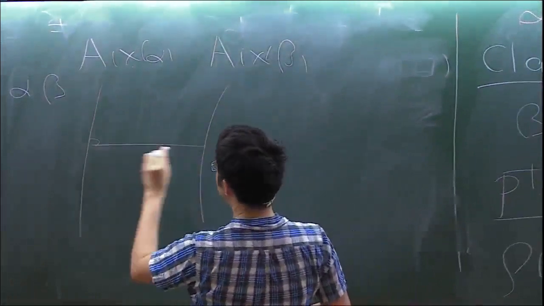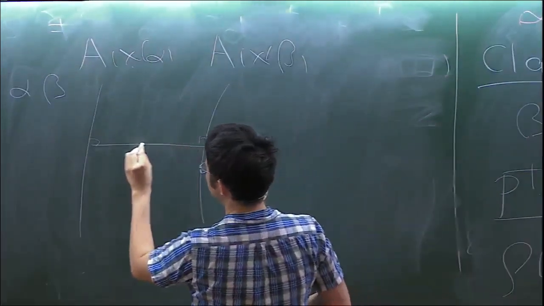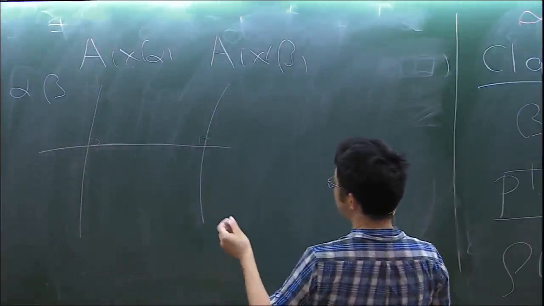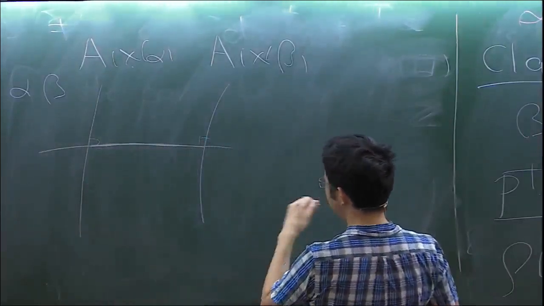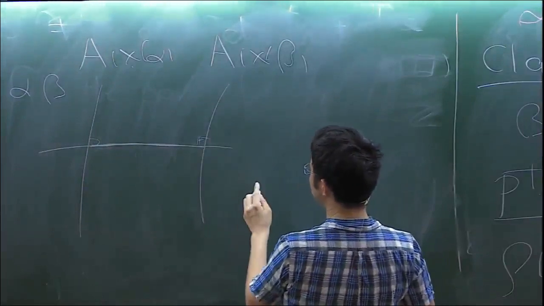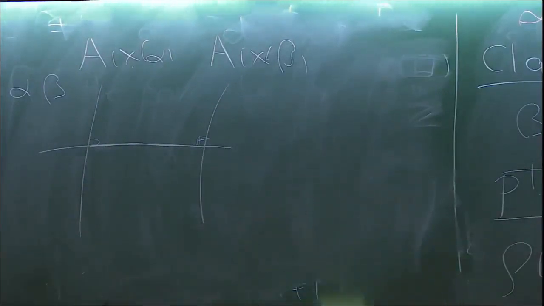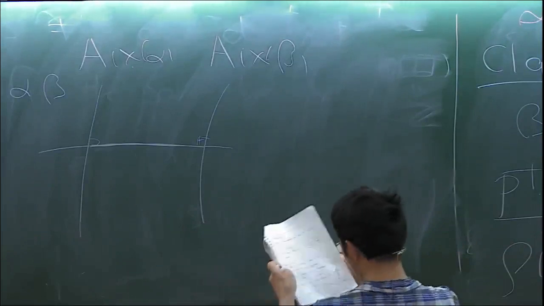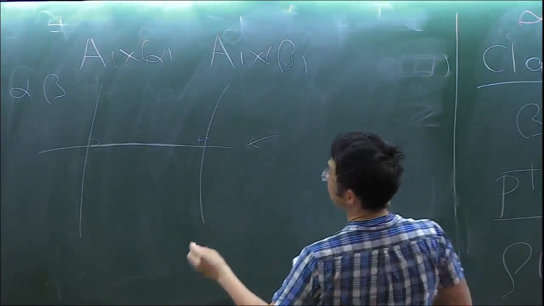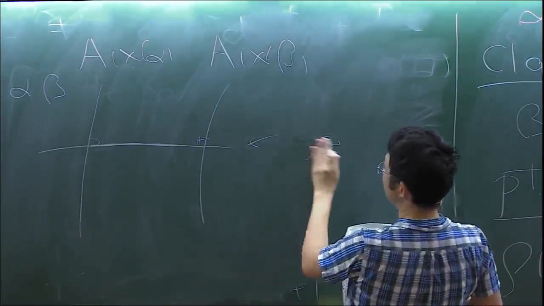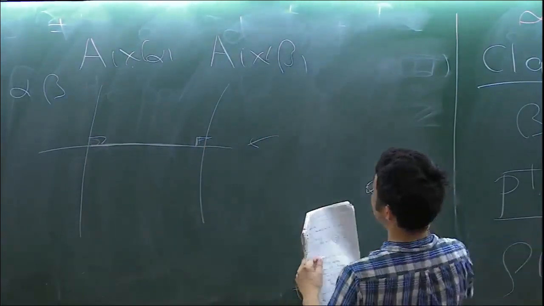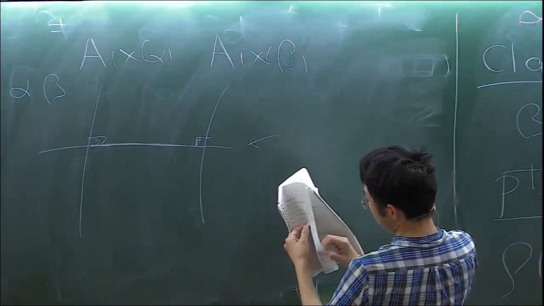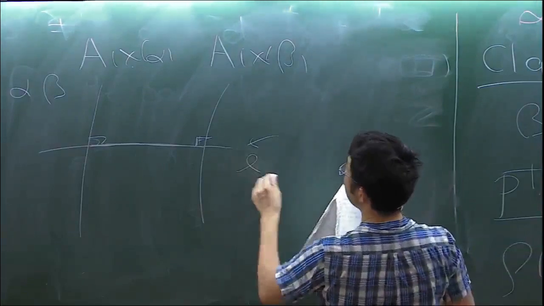And then we take a geodesic, because they're coplanar. As they don't meet at a point at infinity, we can take a geodesic orthogonal to both. We call it L.